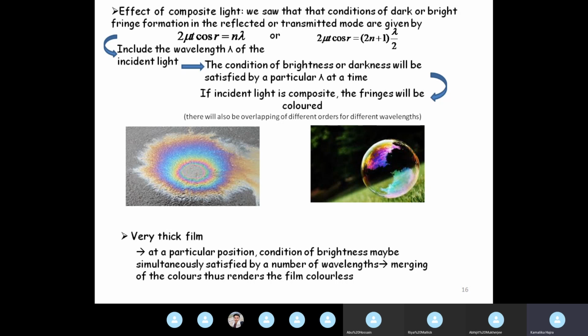So even if there is interference and separation and bright fringe and dark fringe occurring, because the film is very thick, there is a merging of the fringes for the different colors, and since the film is very thick, these colors merge too often at several places, and finally what we see is a colorless film, like it was before, nothing special happening due to interference.